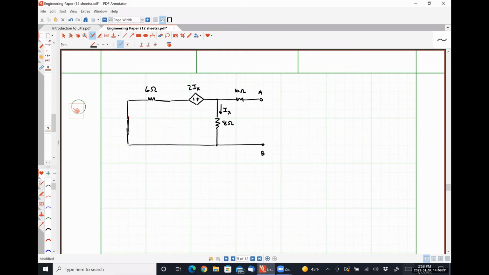Okay. Because we are being asked to look into these open circuit terminals and determine what our Thevenin resistance is. And the problem is that we can see that there's a 10 ohm resistor, and we can see that there's an 8 ohm resistor, but in parallel with that 8 ohm resistor, there is a 6 ohm resistor in series with a dependent source.